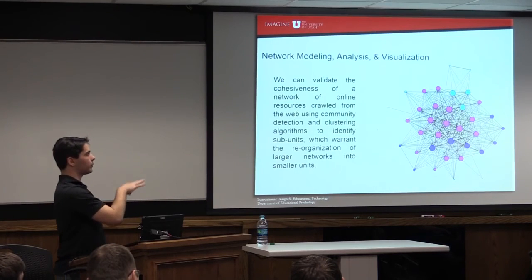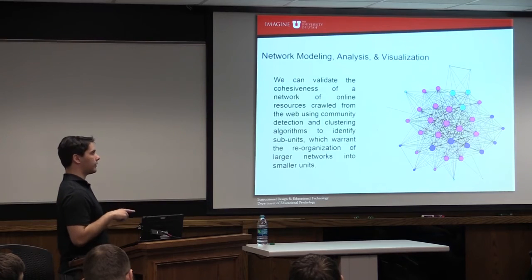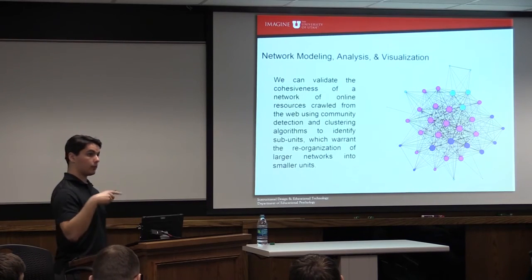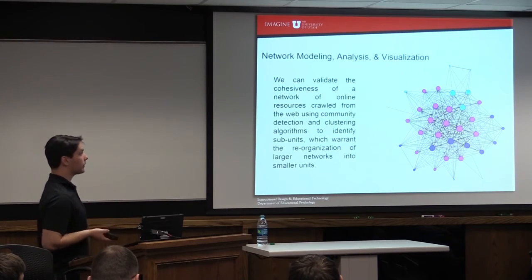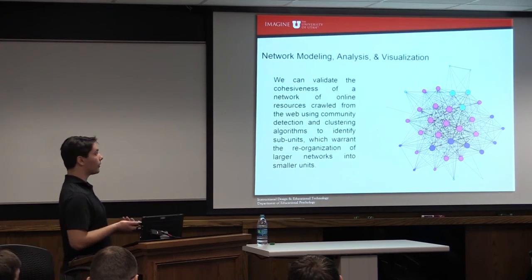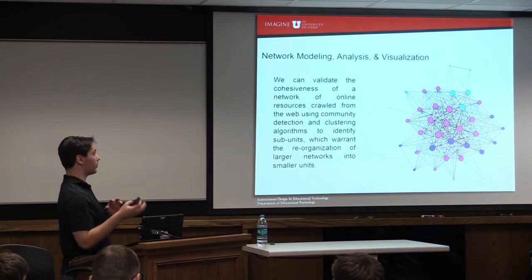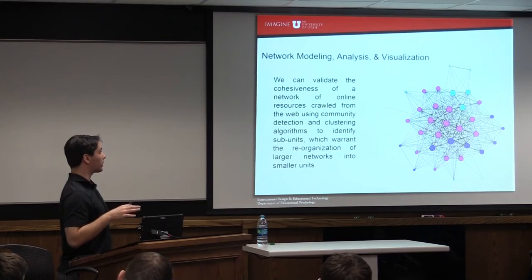Now, what's interesting with this approach, and the aim of our efforts here, is to try and figure out a way of organizing all of the online resources that we obtain from the web. So we rely on some clustering techniques to detect subcommunities, which would warrant the reorganization of the network, which is quite large, into smaller subunits that are on distinct topics.